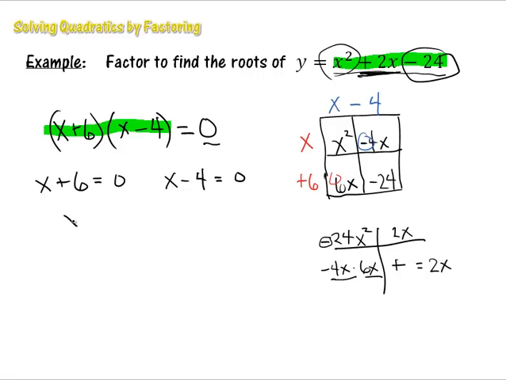And now I'll just solve those, and I get x equals negative 6 and x equals 4. And those are my two solutions. I can check them by plugging them back in to the original equation, and if I do that, they'll both work out to be 0, which is what I'm wanting to get. Alright? So that's the process for solving quadratics by factoring.